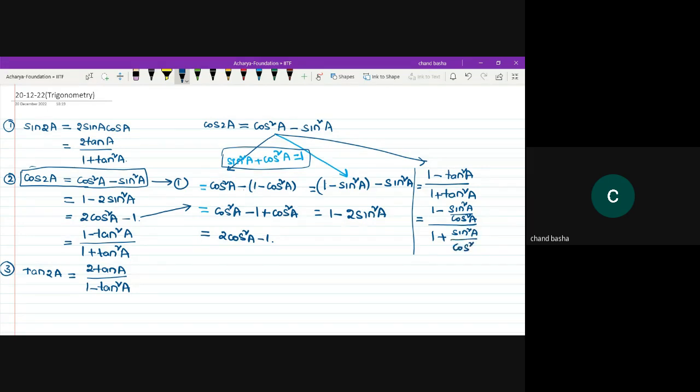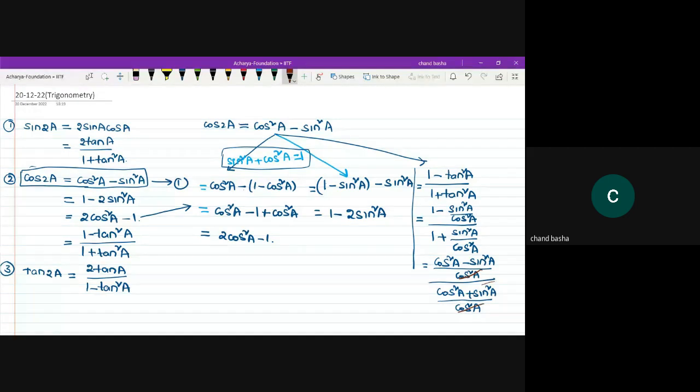None of the proofs are required for us; only for a few, you can have an idea how to get these. Let us take the LCM here, cross multiplication. Numerator: cos square A minus sine square A divided by cos square A. And what is meant by the denominator? Again, cross multiplication for the denominator part: cos square A plus sine square A divided by cos square A. If you are observing, cos square A cancels.